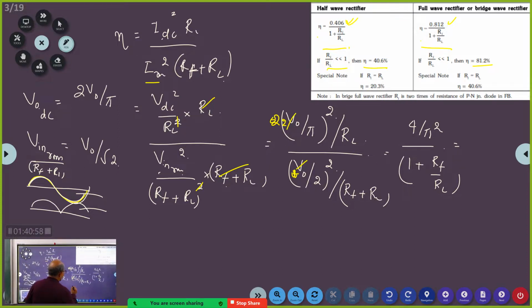Here in this equation it becomes 4, and in the denominator the 2 square went up and became 4, so this becomes 2. That's why you are getting it double. Now, did you understand these figures?